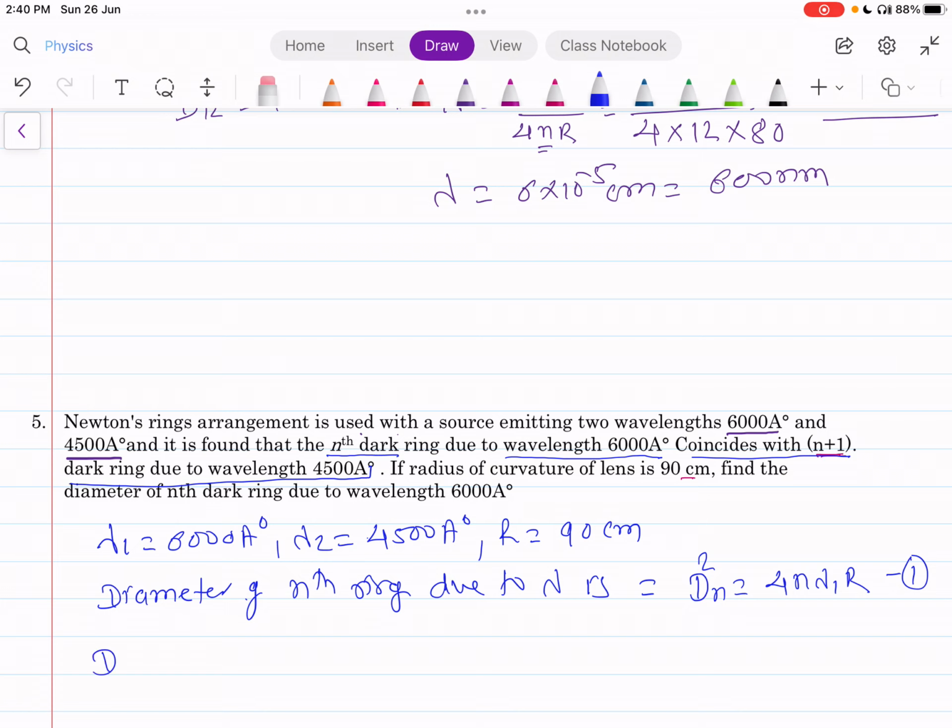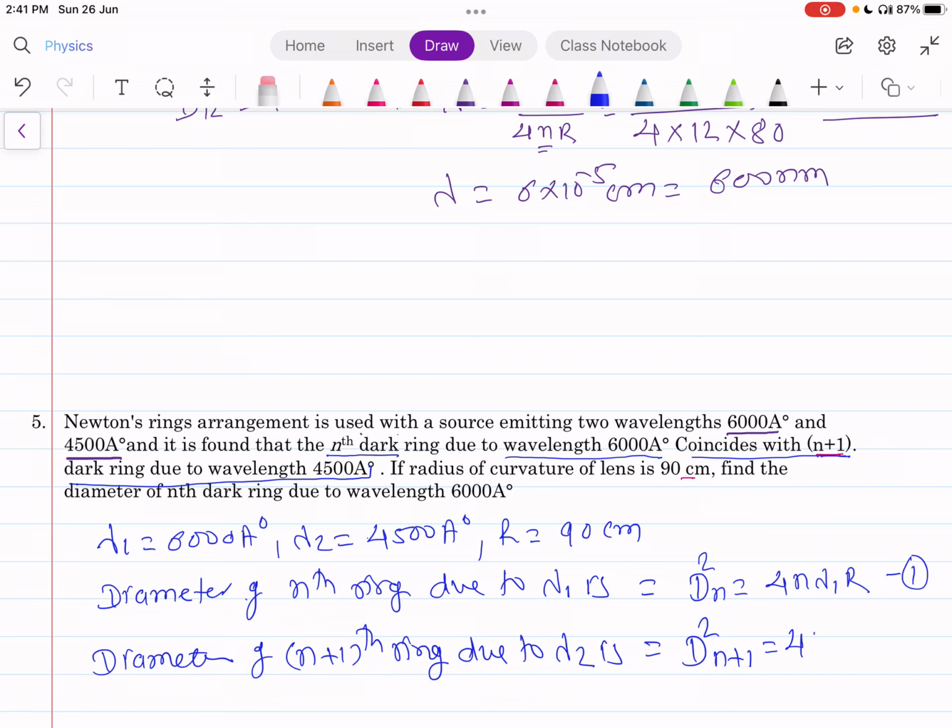And the diameter of the n plus 1th ring due to lambda 2 is, diameter square of n plus 1th ring is equal to 4 n plus 1 lambda 2 r, and this is equation 2.